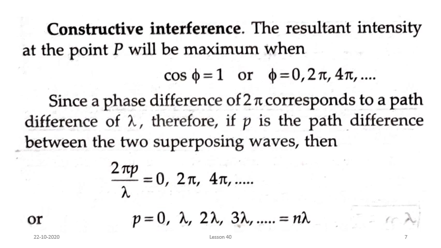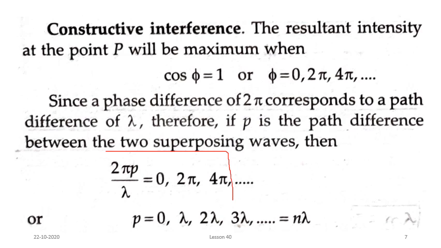Now let us consider your second case, when 2 pi P by lambda is equal to 2 pi. In this case, 2 pi and lambda will cancel here, so I have my path difference P equal to lambda. In that case also, on the observation screen I will obtain a bright fringe.